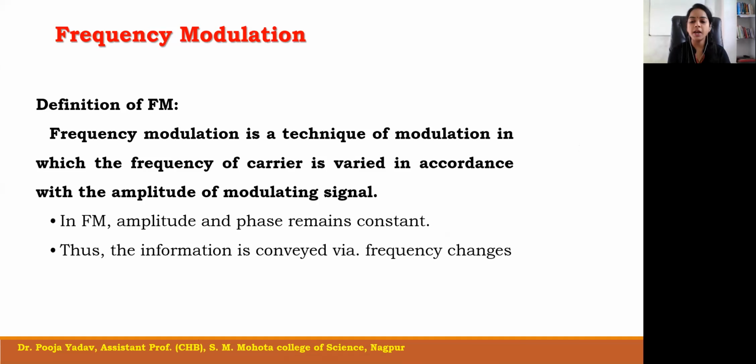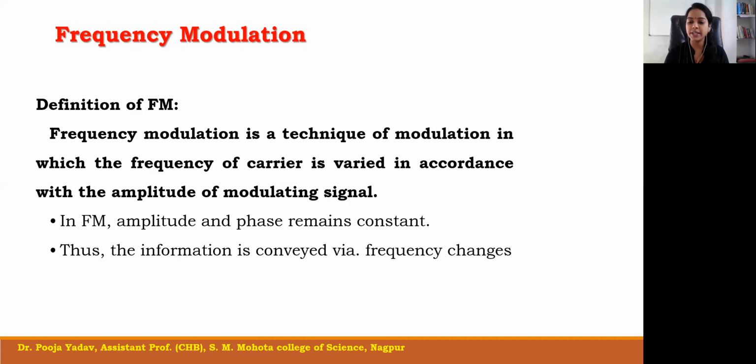Whenever we are transmitting some data, some voice data, some video data, or voice plus video data, we'll have to first modulate that data with our carrier signal, so as to transmit it to a particular station or to a particular receiver place. So how do we modulate the signal?